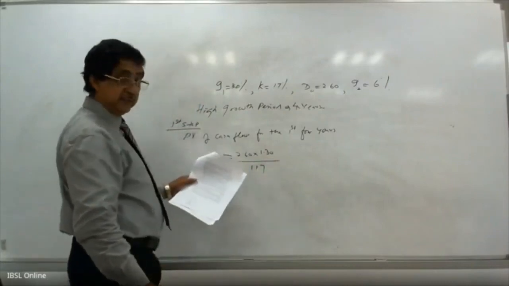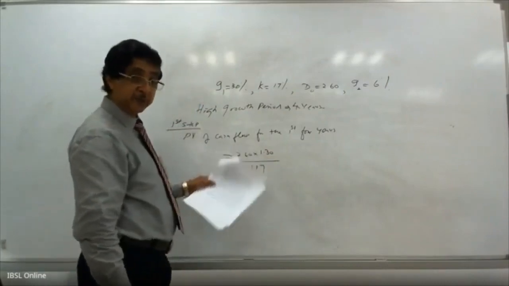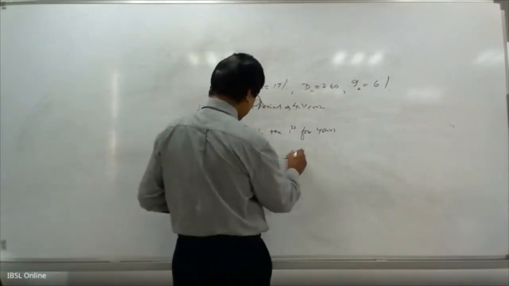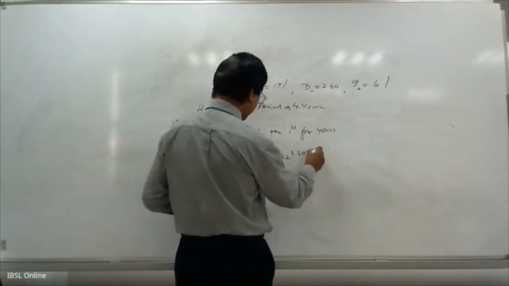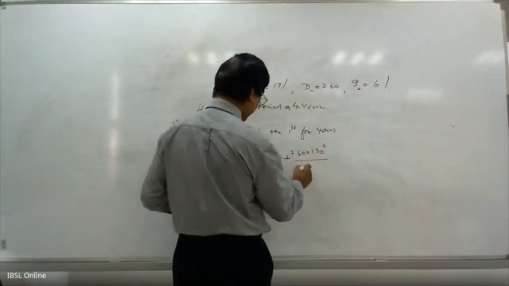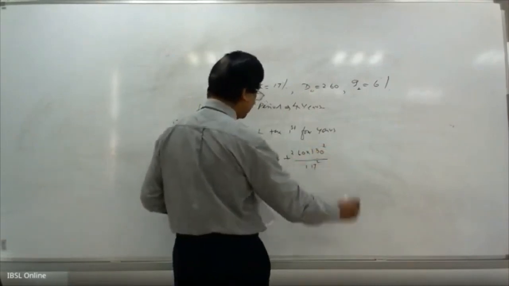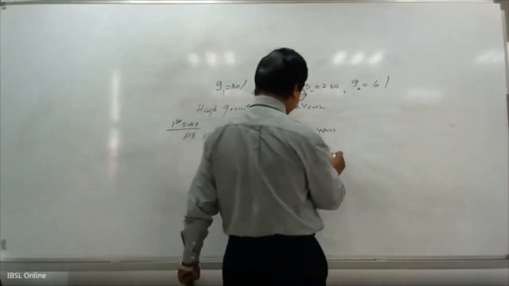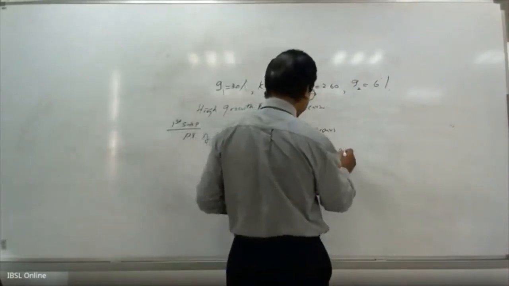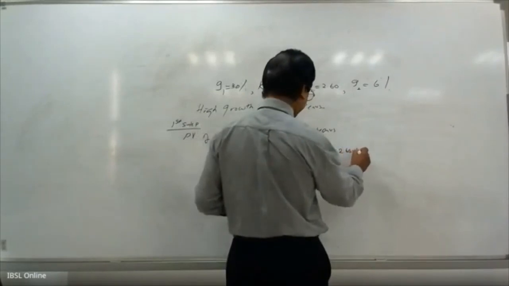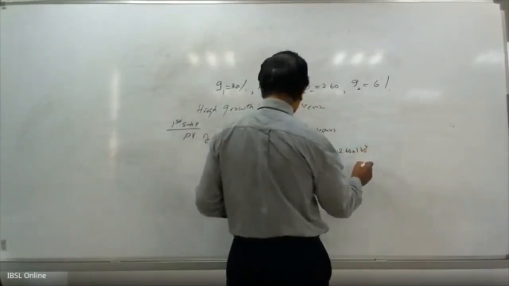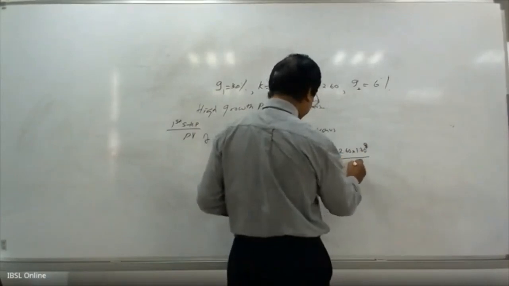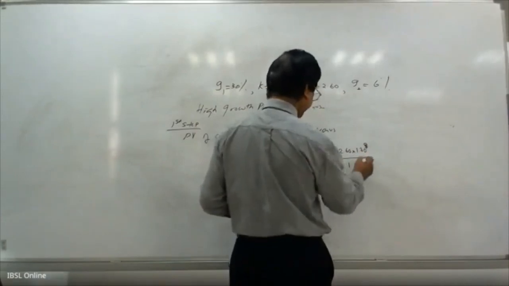This is the first year's dividend cash flow, the present value. The second year's dividend cash flow present value is 260 into 1.30 to the power 2 divided by 1.17 to the power 2. Then the next one, 260 into 1.30 to the power 3 divided by 1.17 to the power 3.